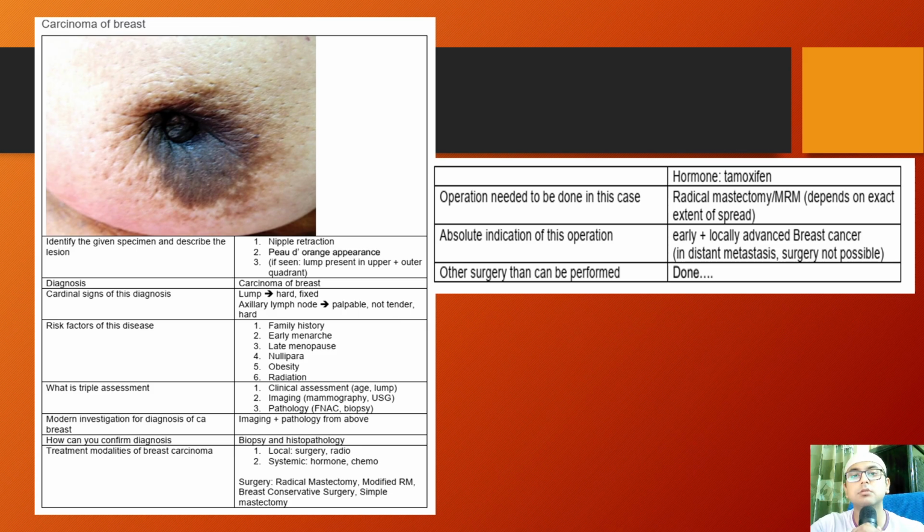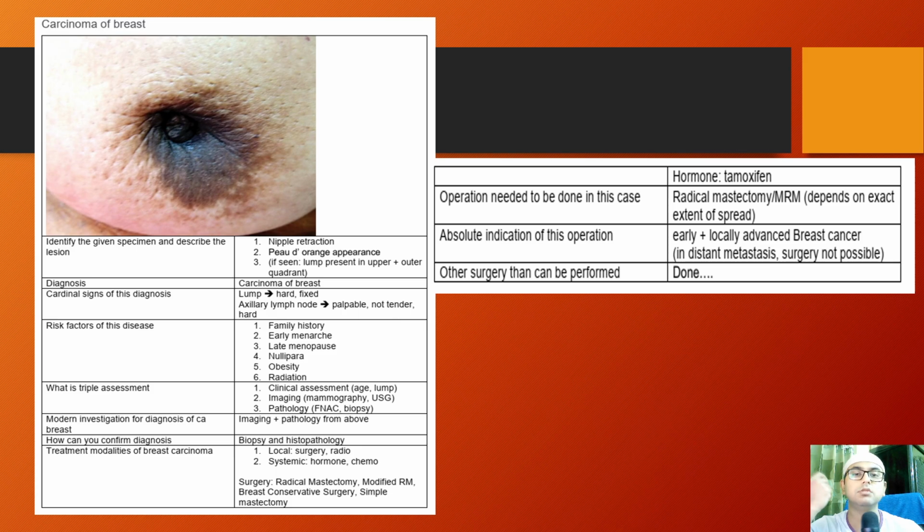In that case, you must perform a core biopsy, take some tissue, and perform immunohistochemistry. Because sometimes the patient comes at a late stage and the tumor is much bigger, so we must perform modified radical mastectomy. But if the receptors are positive, like estrogen and progesterone, in that case we can use some biological agents.